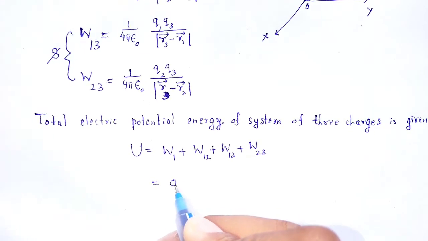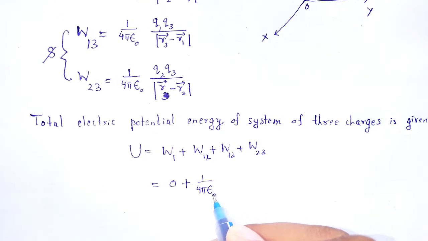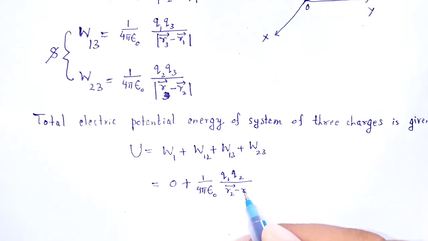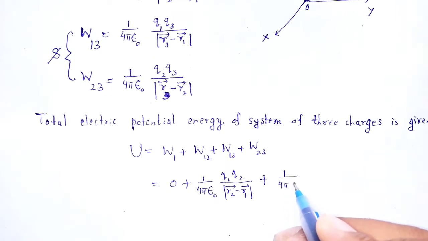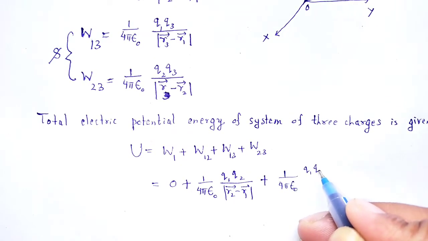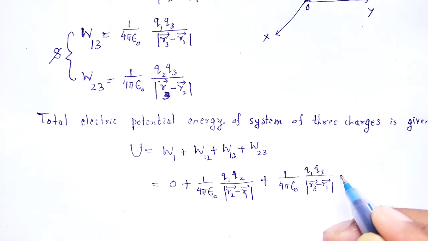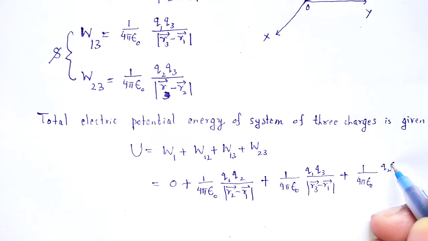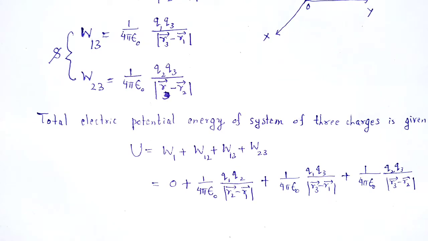Here W1 is 0, plus W12, 1 by 4 pi epsilon naught q1 q2 divided by the magnitude of r2 minus r1, plus W13, 1 by 4 pi epsilon naught q1 q3 divided by the magnitude of r3 minus r1, plus 1 by 4 pi epsilon naught q2 q3 divided by the magnitude of r3 minus r2.